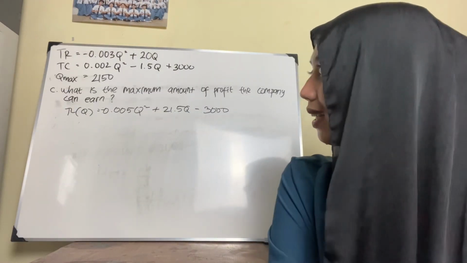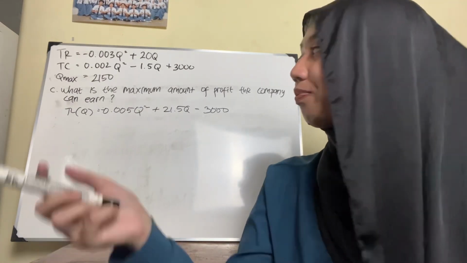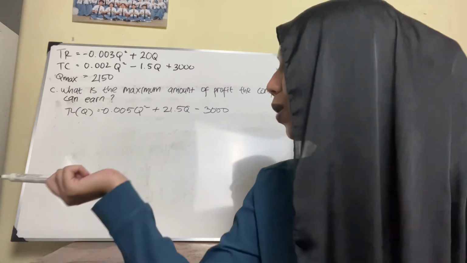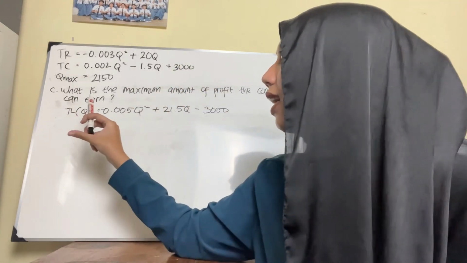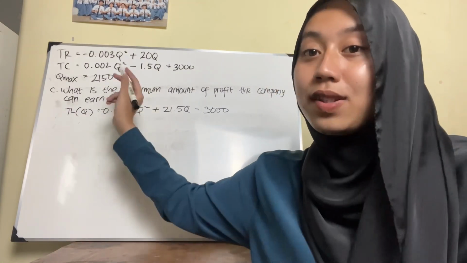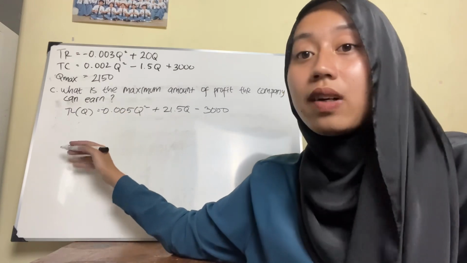The last question, what is the maximum amount of profit the company can earn? So the maximum profit occurs when the quantity of shirts is 2,150. So we substitute 2,150 into the profit function.